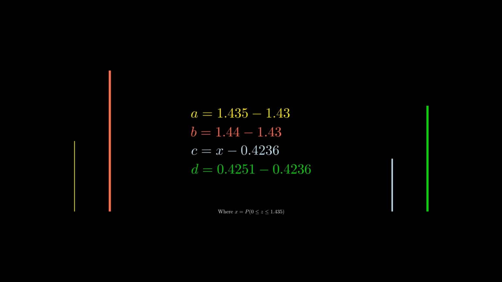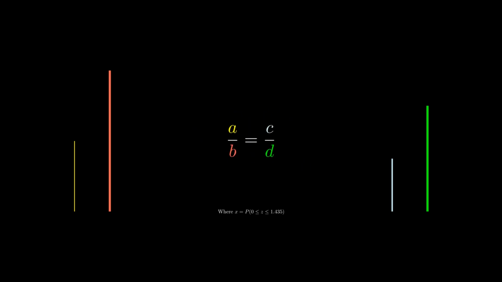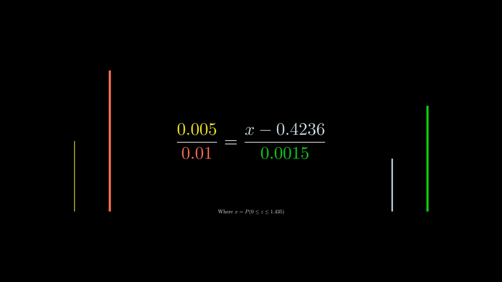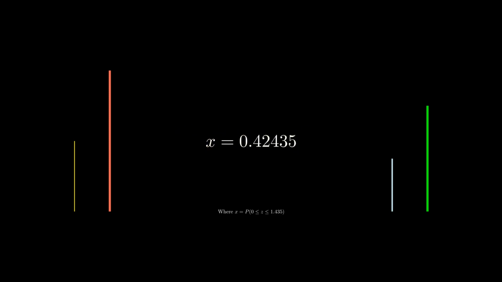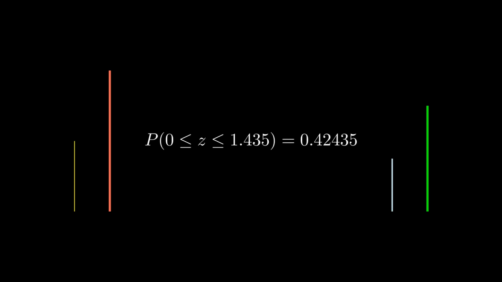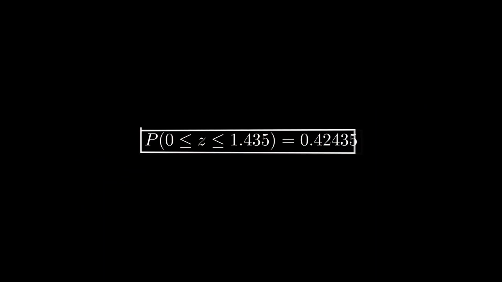I want you to pause this video if this calculation seems very fast, but to save time, we arrive by solving the equation to a value of X, which is 0.42435, which is equal to the probability that we're looking for. So this is just the same as averaging between the two values, but this is also applicable to values that do not lie exactly in between the two adjacent z-scores in the z-table.